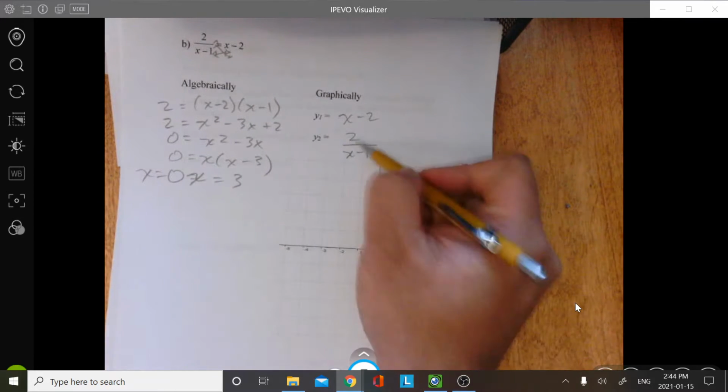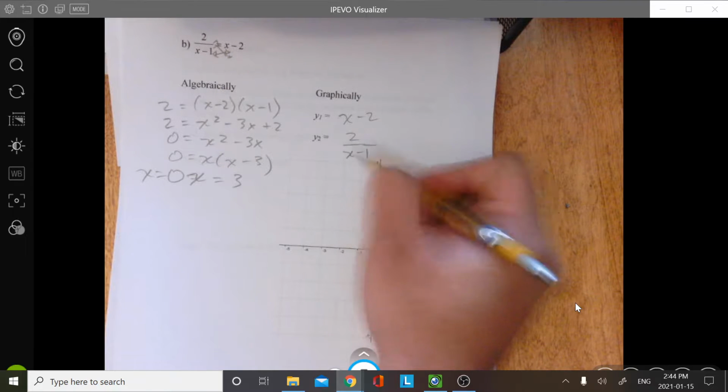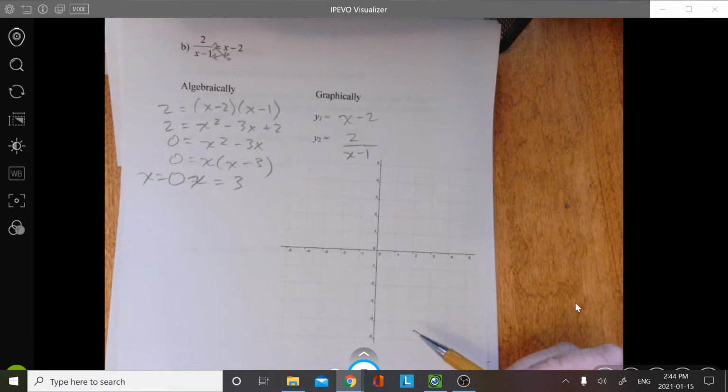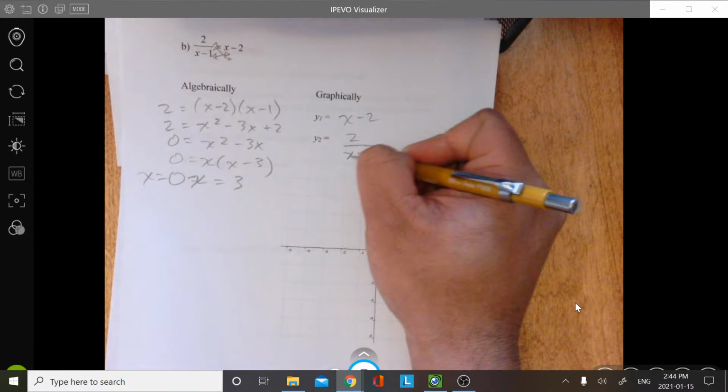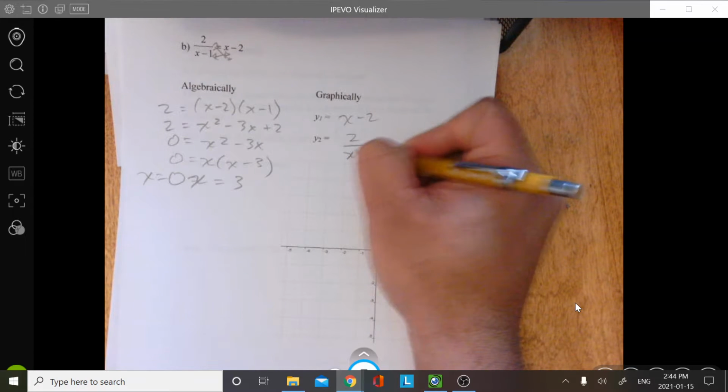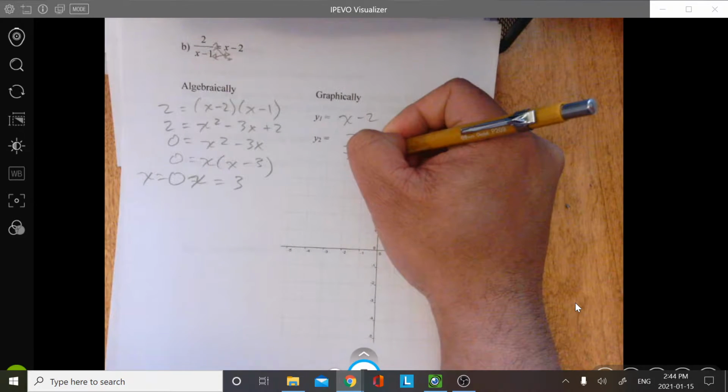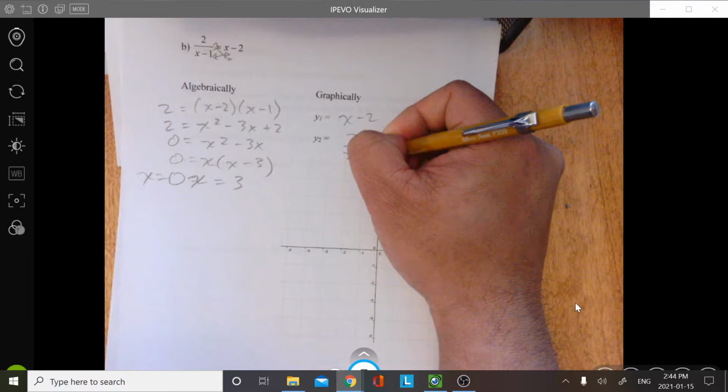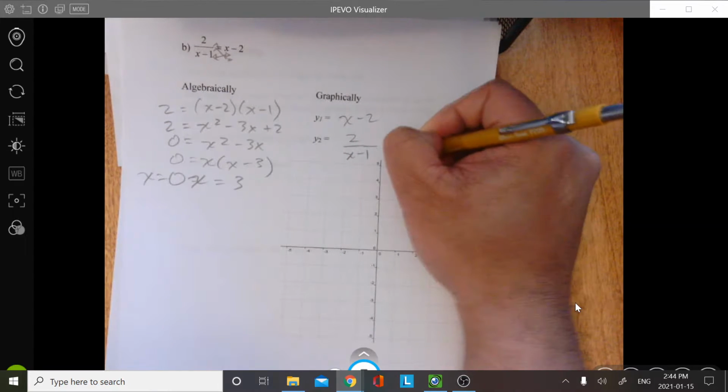Okay, so let's start off with our rational function here. So again, my vertical asymptote is going to be where my denominator equals 0, which is at x plus 1.